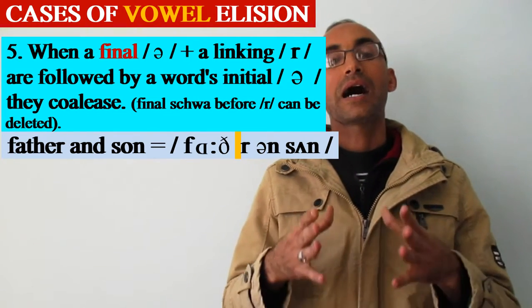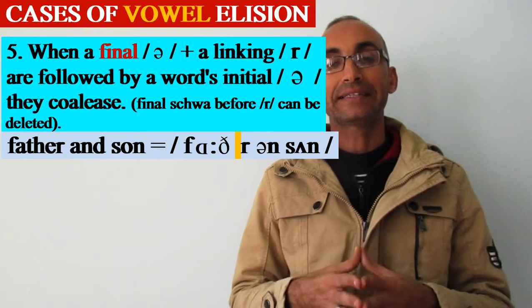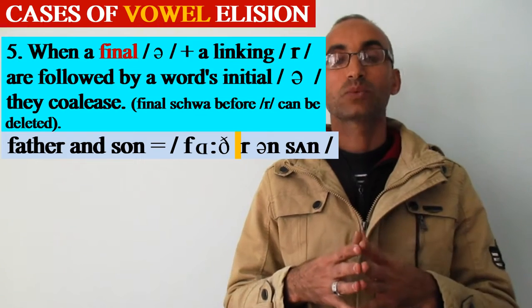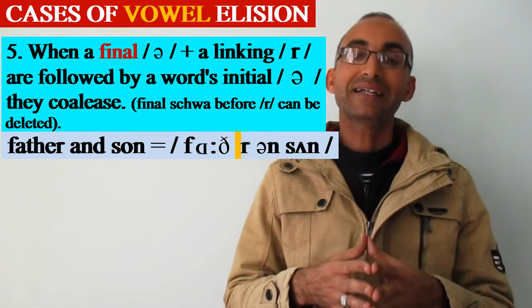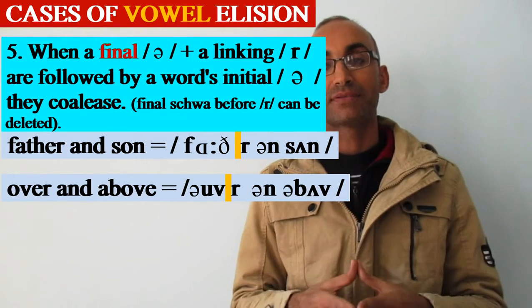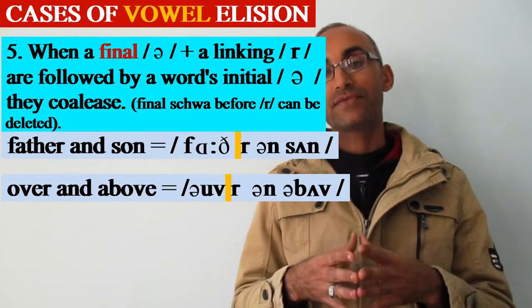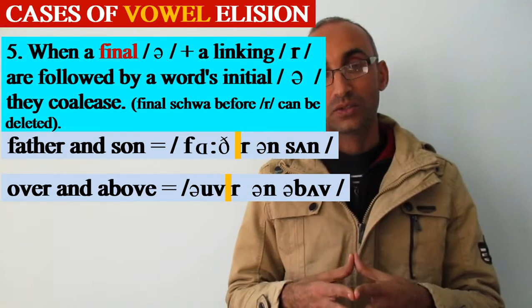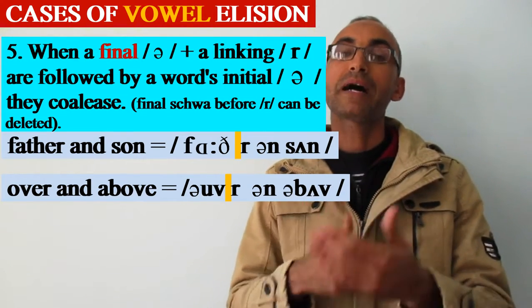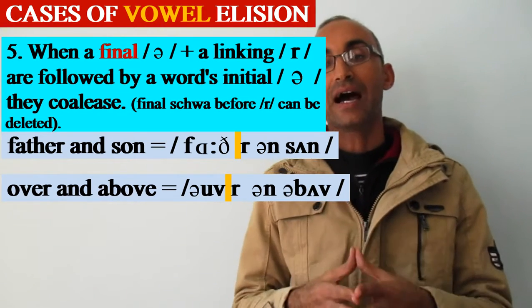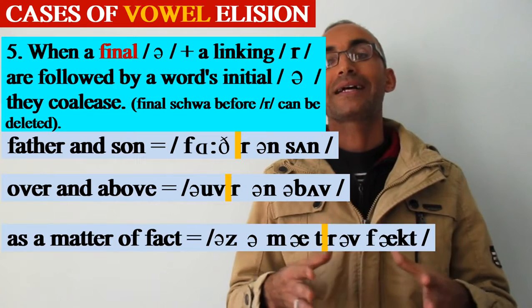So here I omit the shva at the end of the word father before the final R. Also for over and above. So here also I have to omit shva in the word over before the final R. The same thing also for as a matter of fact.